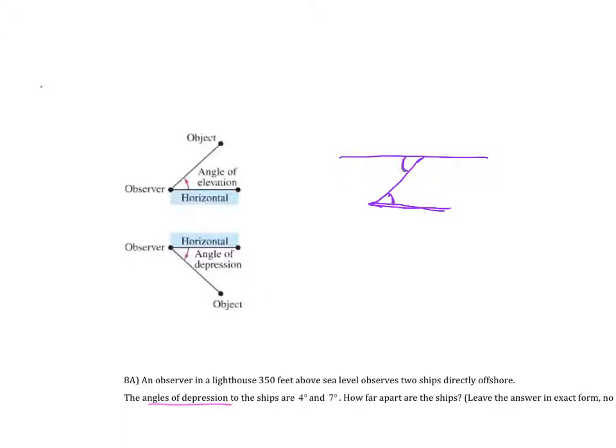So we could redraw the triangle in the lighthouse example so that you're working with a triangle that has this side on the bottom as opposed to the top. It just depends on what you see. But again, the biggest thing is notice the angle of depression is from this horizontal, not here on the y-axis.